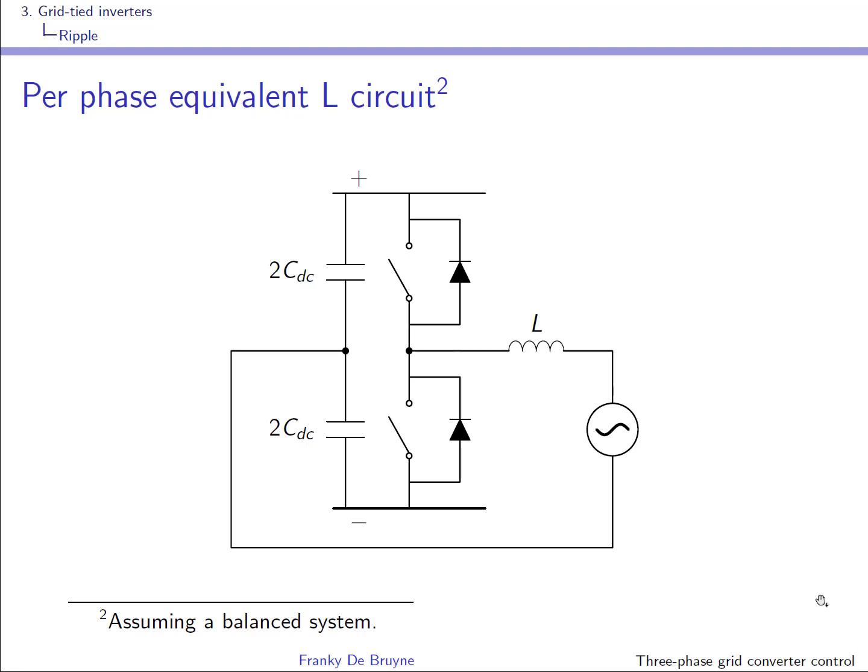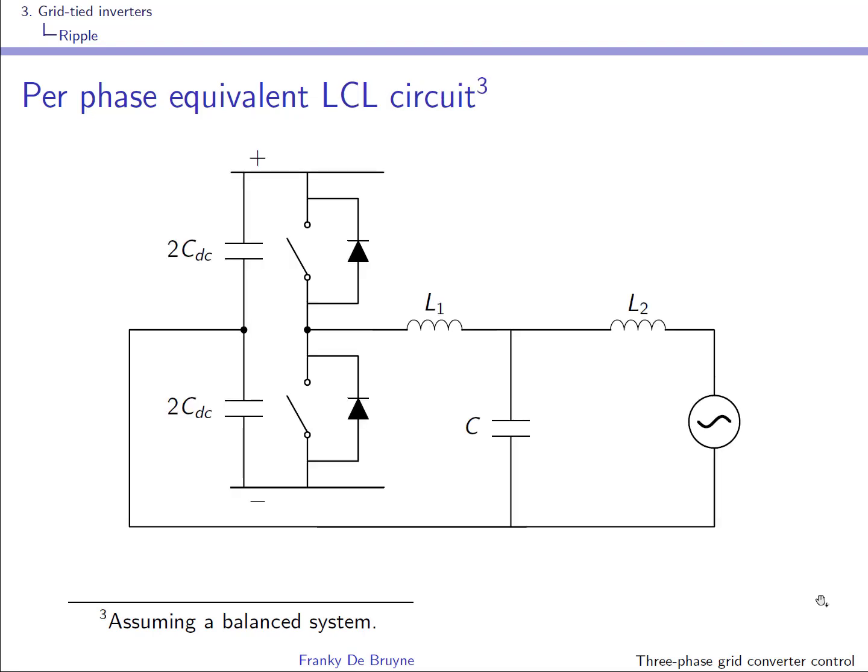If you assume only differential mode effects, so you disregard everything that is in common mode, so if you assume that the system is balanced, you can write a per phase equivalent model of the system, and this is the system that you see here for the case of just an L filter. This is how it looks when you have an LCL filter.